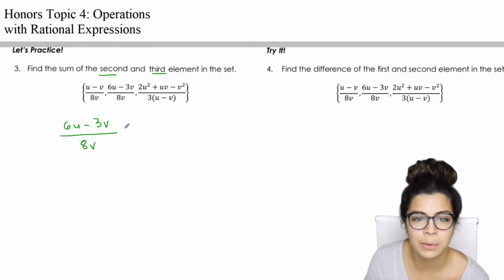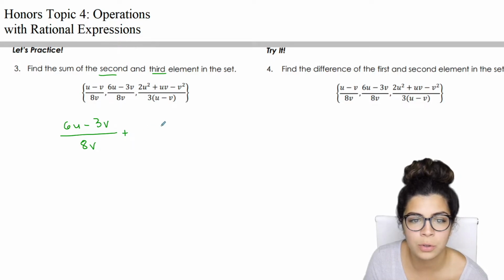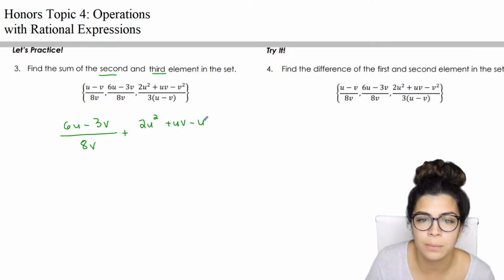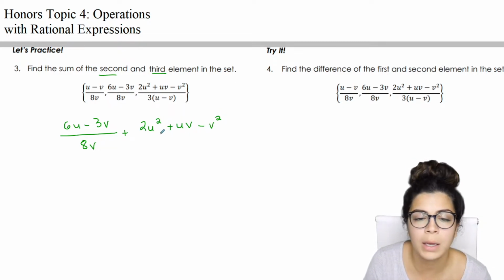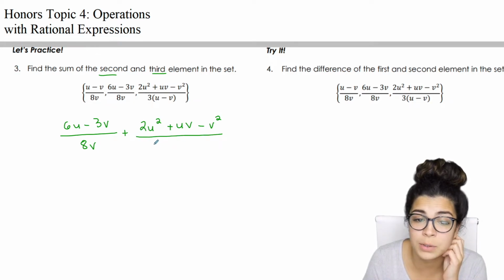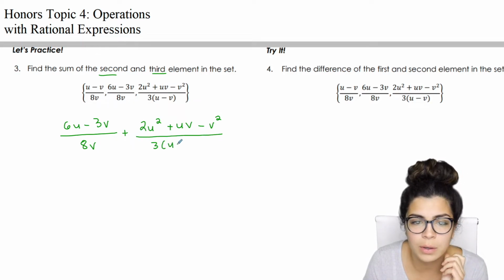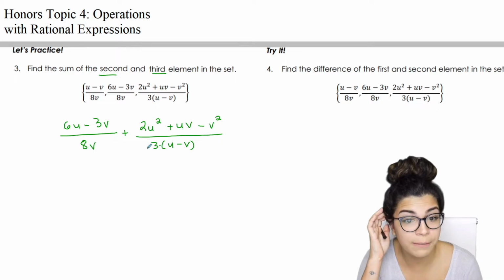And we're adding that with the third element, which is 2u squared plus uv minus v squared, and that's all over 3 times u minus v. So the denominator here is actually already factored.